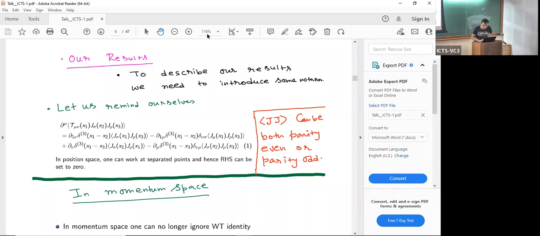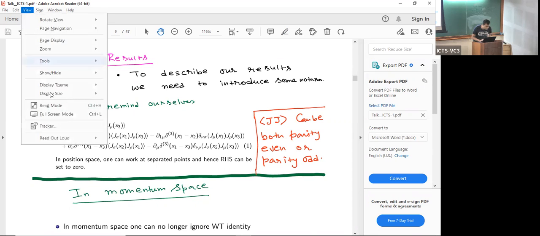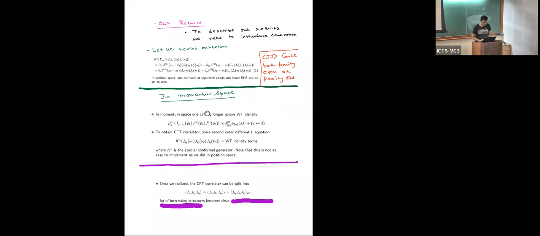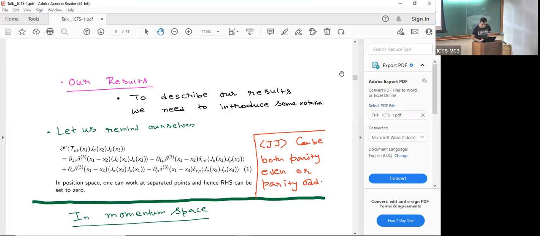How do I do that? One second, sorry. View, full screen mode. Okay.